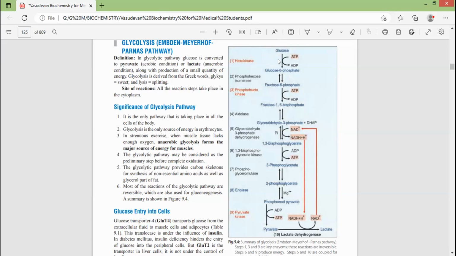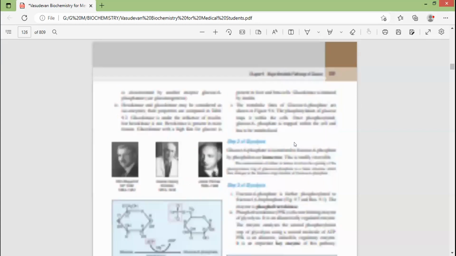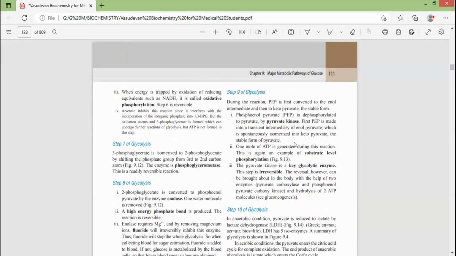So glucose to glucose 6-phosphate, and then isomerase, we get the fructose 6-phosphate, and then PFK, phosphofructokinase, we get the fructose 1,6-biphosphate, and then we go down, we get all of these products. Now I want us to go back to this rate limiting step.